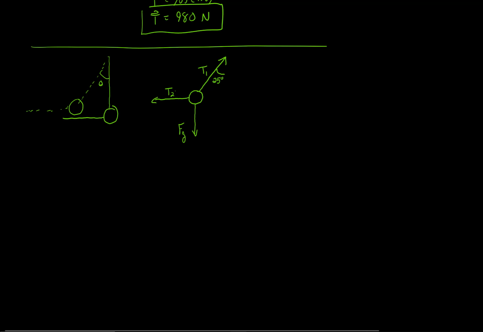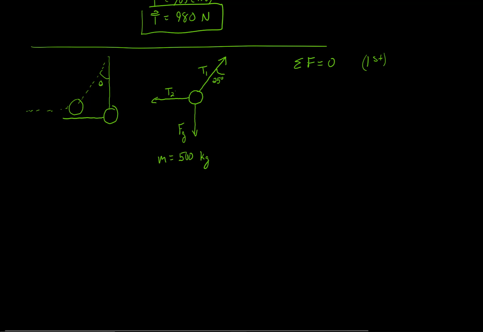Okay, so now let's solve for the two tensions. Given a mass of, I don't know, let's say the mass is 500 kilograms. So the ball is not moving, so we know that the net force is 0. That's by Newton's first law.